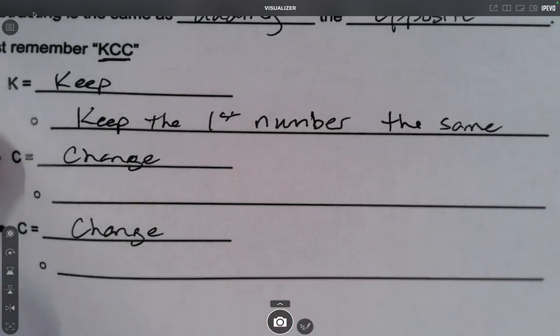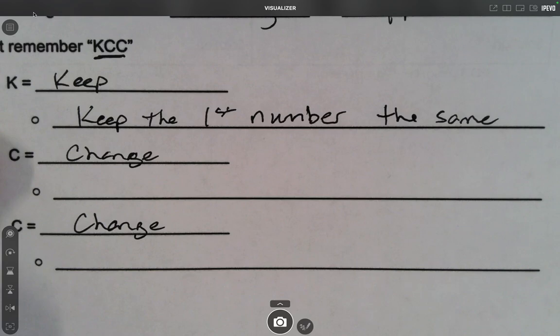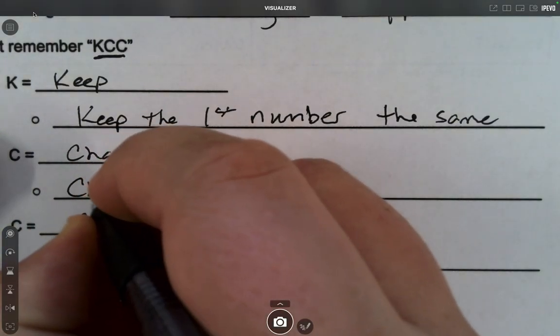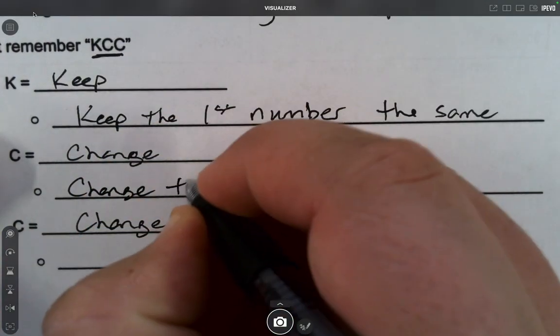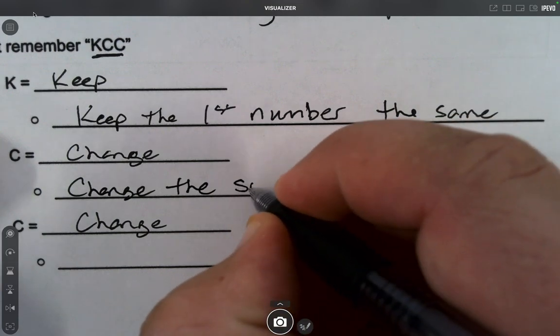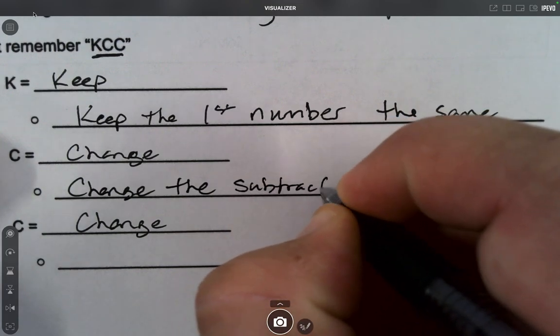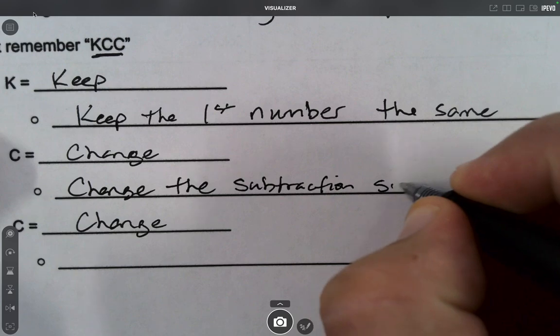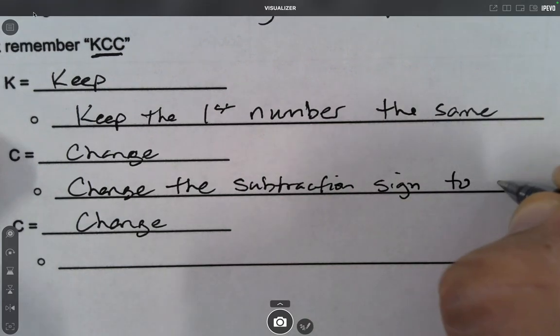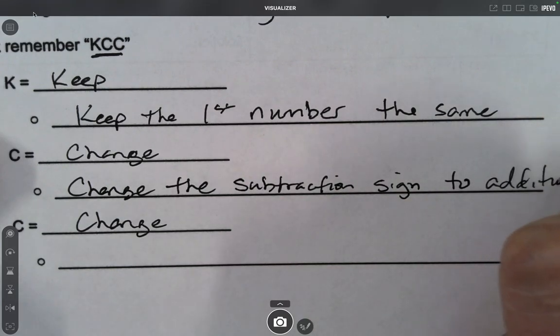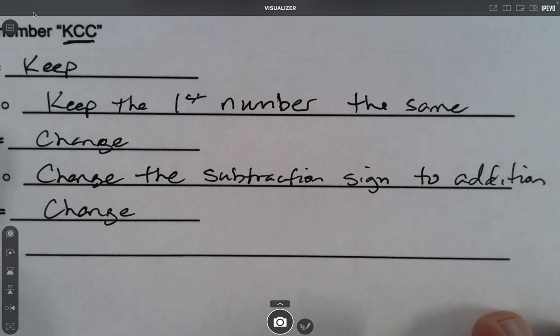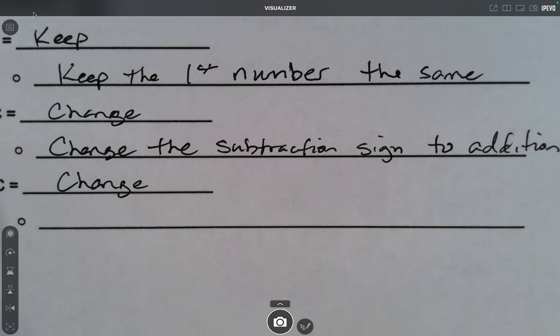But then you do need to change the subtraction to addition. So change the subtraction sign to addition.